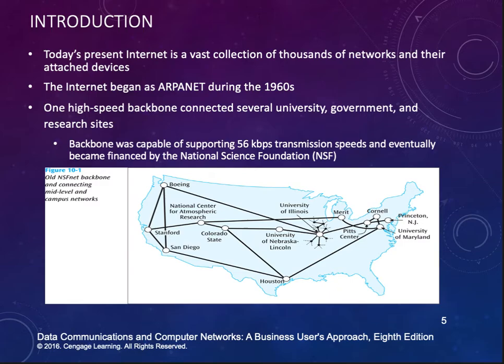It was quite chaotic because different countries, different organizations had different types of networks. That was from the period of 1974 to 1982. And in 1982, that was when TCP/IP became the universal standard for all communication.